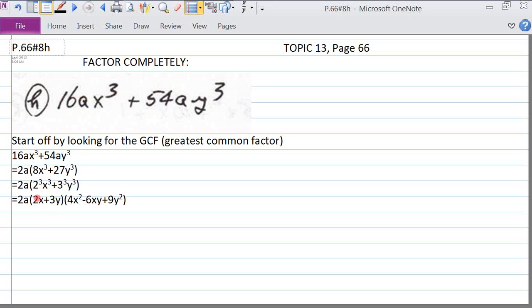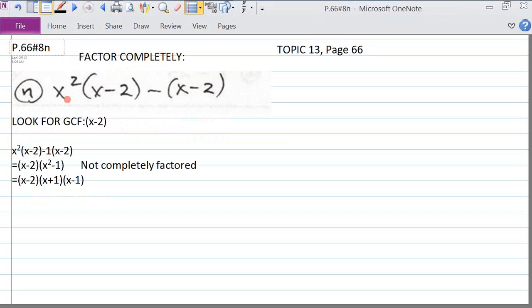Square this, I get 4x squared. Multiply these two, 2x times 3y is 6xy, and change the sign. I get minus 6xy, and plus 3y squared gives me plus 9y squared. And that's our complete factoring of this one.